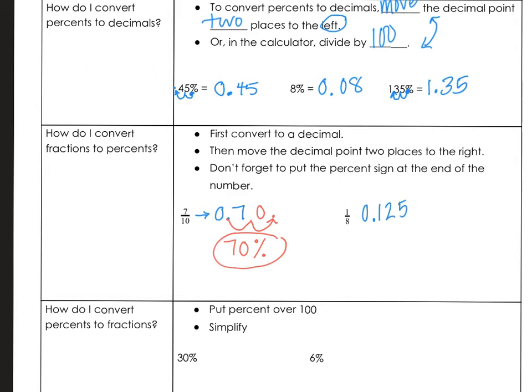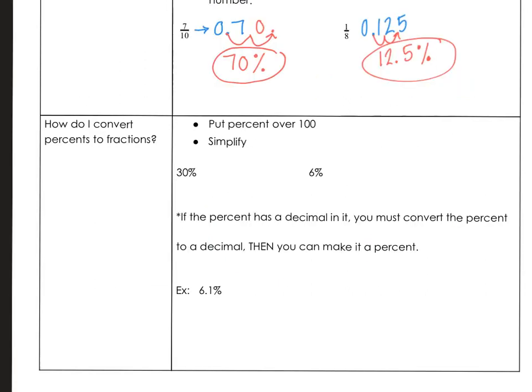Okay, now we're going to convert it to a percent. So we're going to move that decimal point 2 places to the right. Okay, and now we're going to rewrite it and add that percent sign at the end. So in this case, the percentage would be 12.5%.